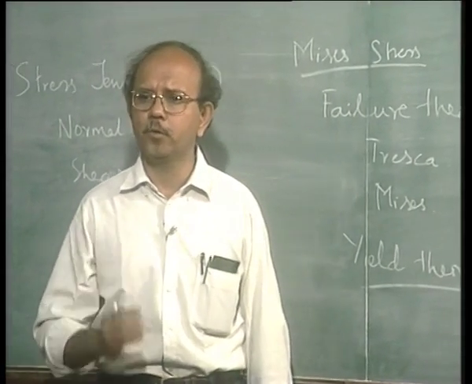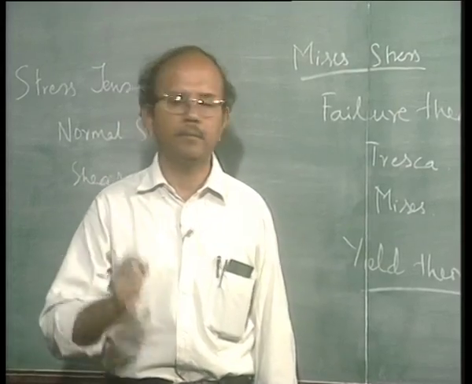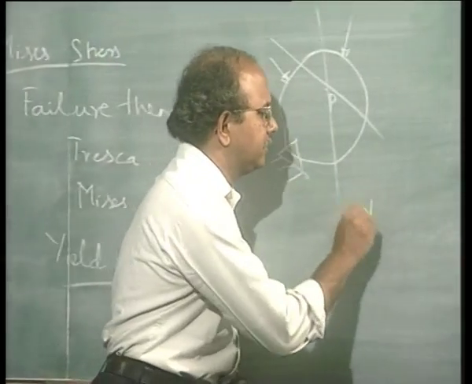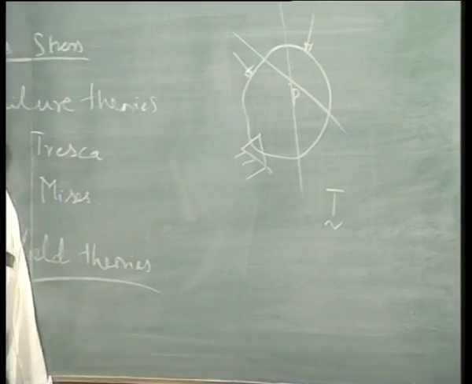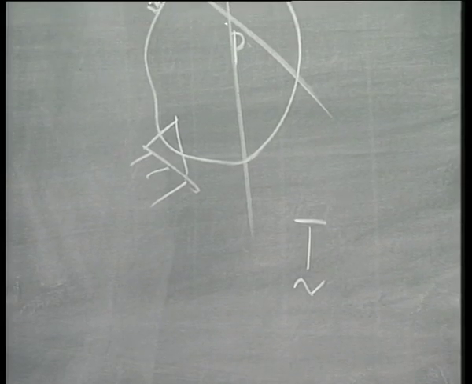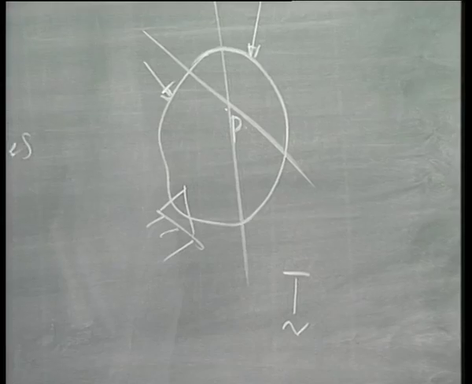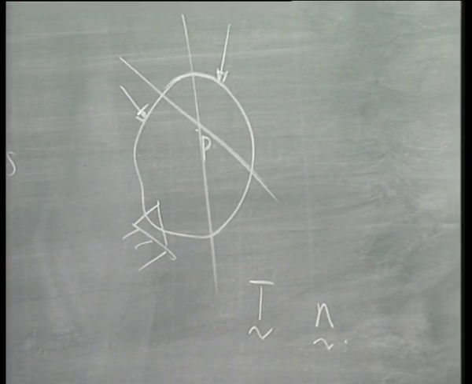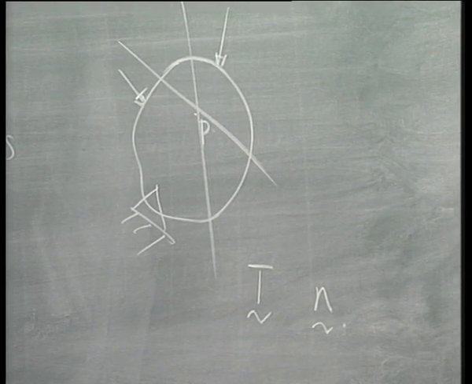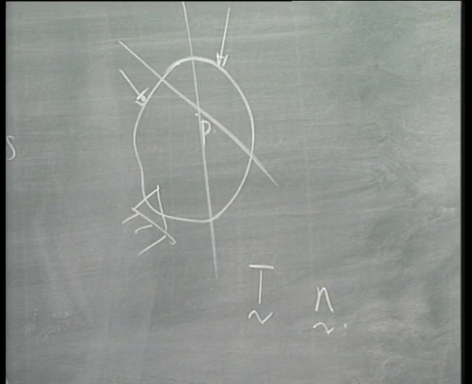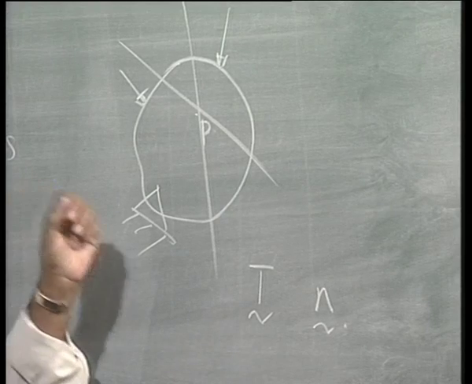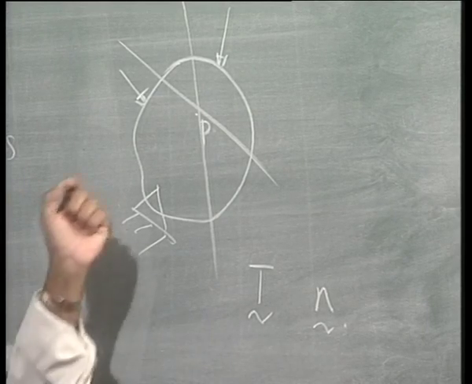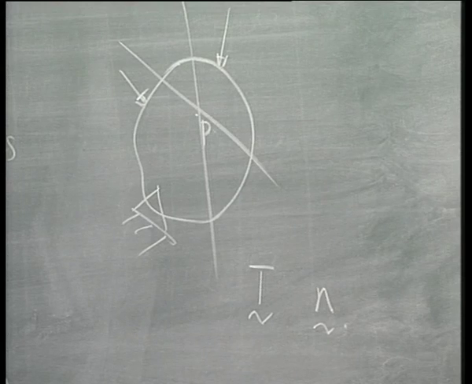Or to put it more clearly, can I get planes where my stress vector, please note the stress vector, is in the same direction as that of n? That is the question. Yes, that is possible, and such planes are called principal planes.